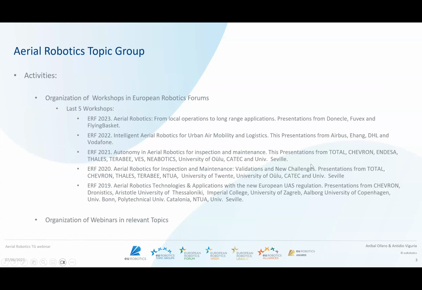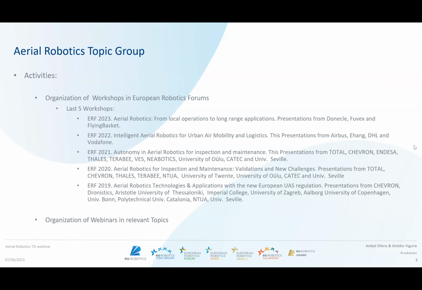Next slide. You should know that we are organizing, at every European Robotics Forum, a workshop. And we are always discussing new workshops. So if you are interested in some particular topics, let us know, because we can also consider these topics for a new workshop. We have been considering the regulation implicitly or explicitly.